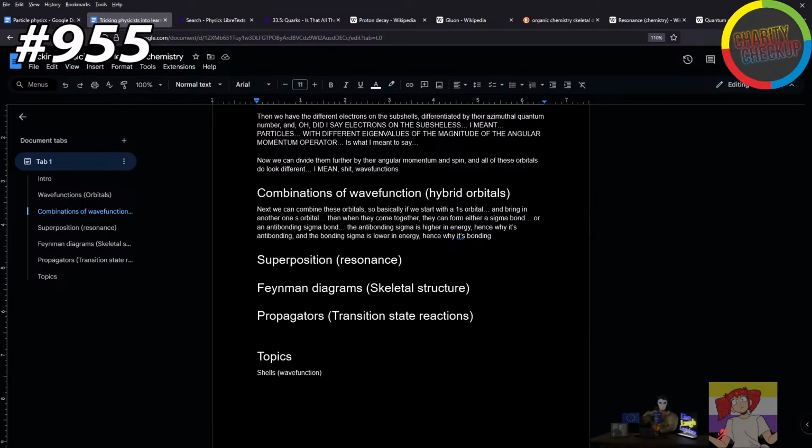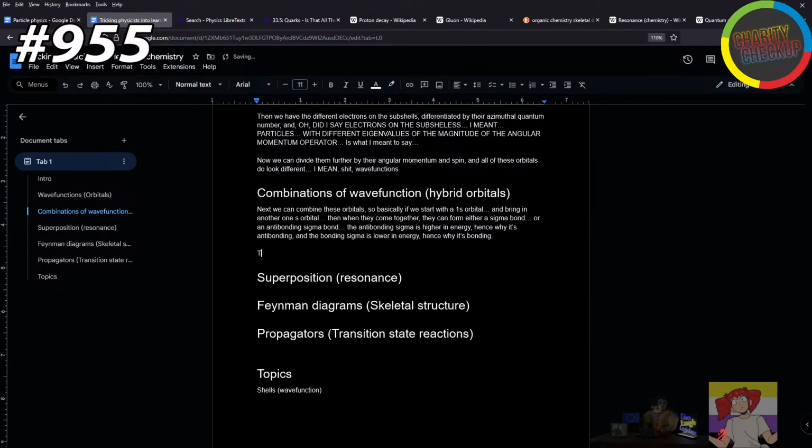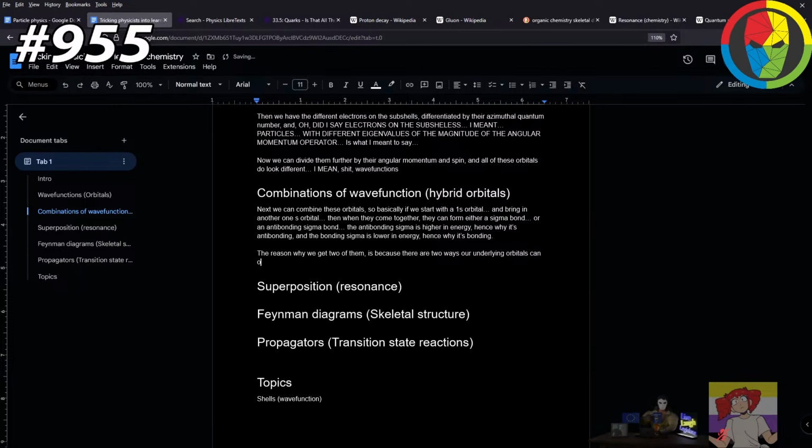It's bonding. The reason why we get two of them is because there are two ways the underlying waves can combine.